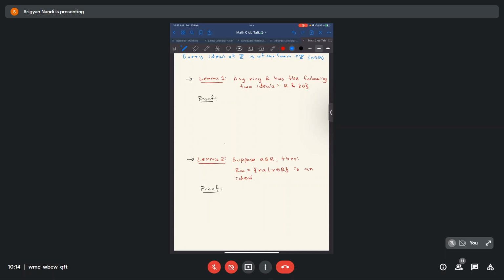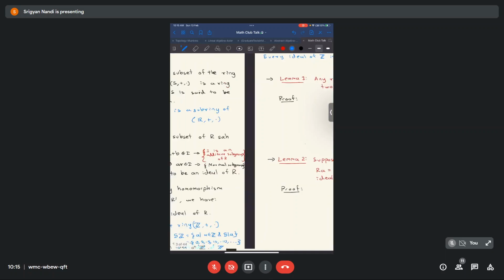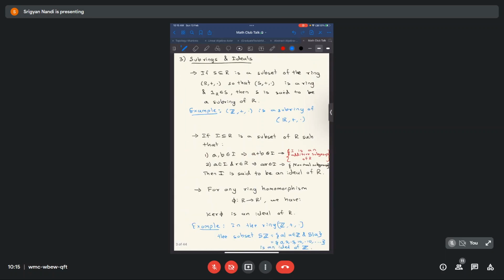As you may have seen in the last talk also, an ideal, although being a subset of a ring, need not be a subring on its own. In fact, an ideal is almost never a subring, and it can easily be seen why.